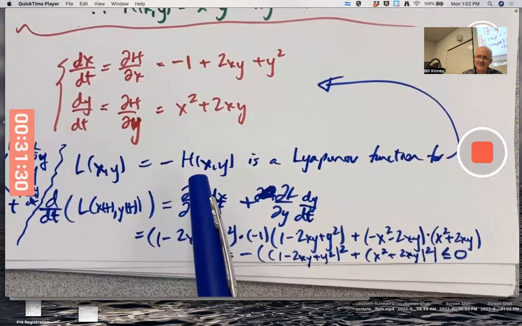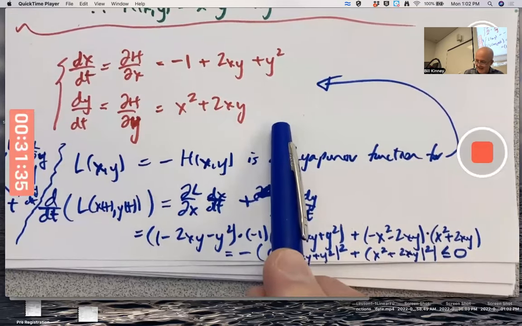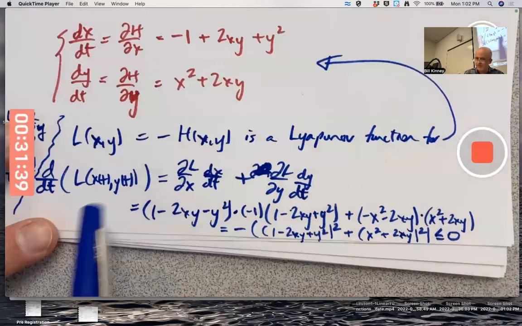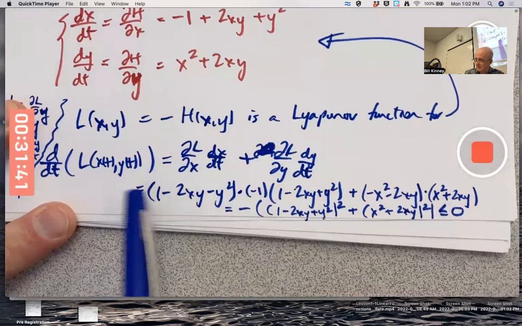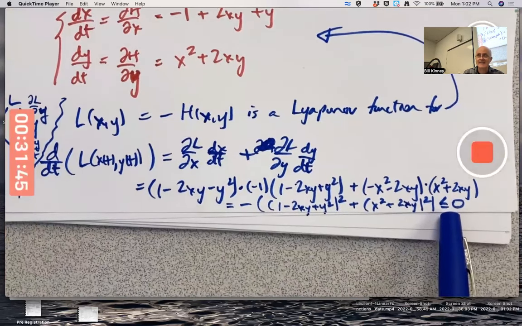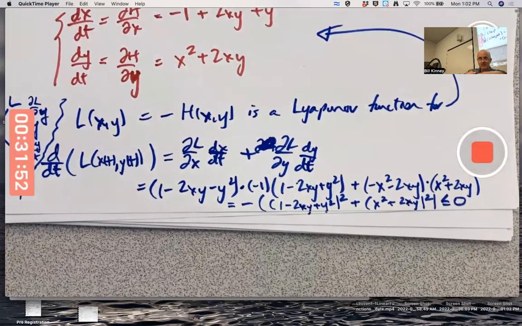Say that again. Every gradient system has its negative potential function as a Lyapunov function. The derivative with respect to t along any solution curve can never be positive. But there are plenty of non-gradient systems that also have Lyapunov functions. So the idea of a Lyapunov function is broader than gradient systems.